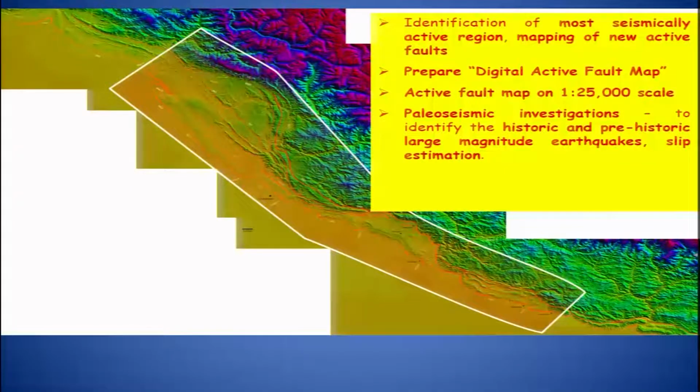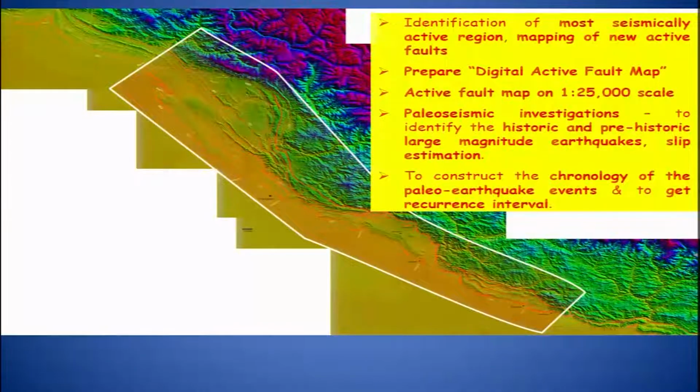The other important part is that we would like to identify the historic as well as prehistoric large magnitude earthquakes and also go for slip estimation. And finally, we would like to reconstruct the chronology of the ancient earthquakes, or paleo earthquake events, and get the recurrence interval, so that it can help tell when the next one will be.